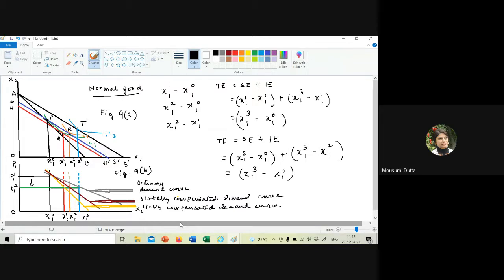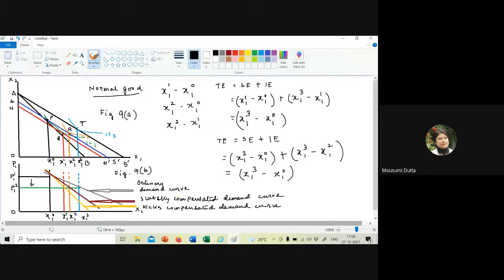However, if I am initially on a higher budget line, then if it is a normal good, I'll buy more of that commodity with the higher covered area of the budget line, and if it is an inferior good, I'll buy less.